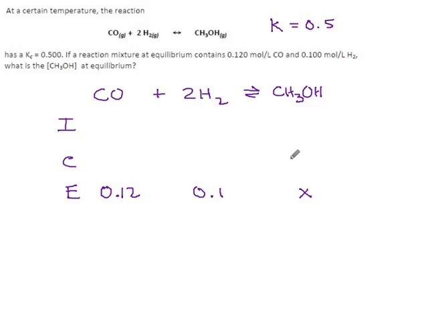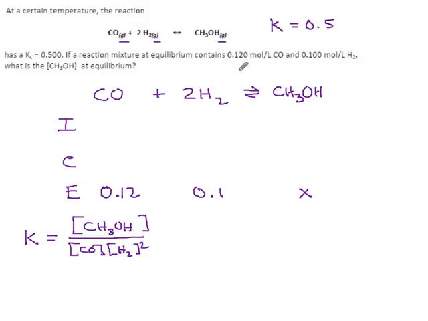It's not like we've never seen algebra before. They want this amount at equilibrium. Well, we can write a K expression. We've got values for all of our concentrations, so we can say the K for this thing is the methanol concentration divided by the carbon monoxide concentration and the hydrogen concentration squared, because it's got a coefficient of 2.